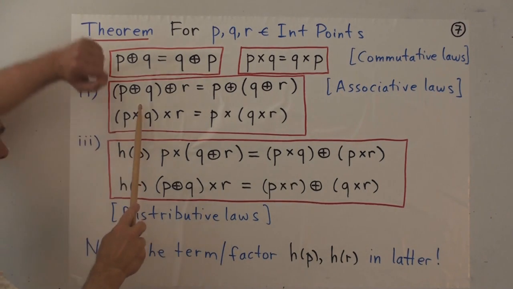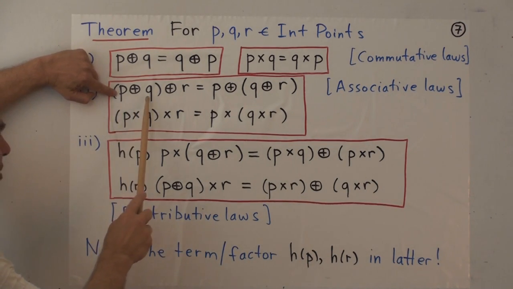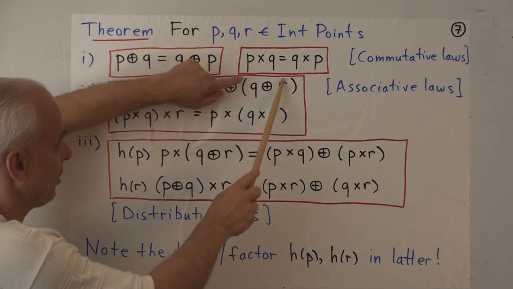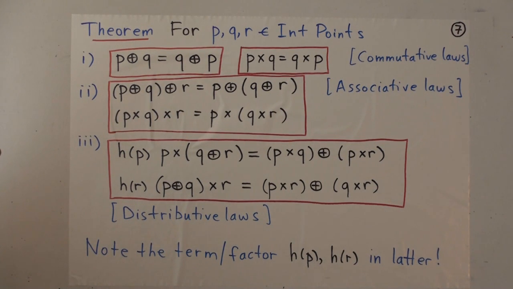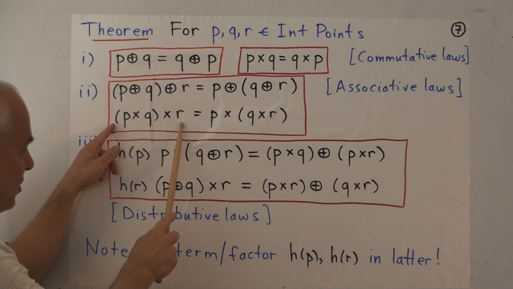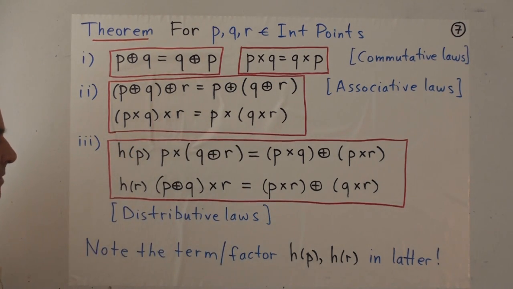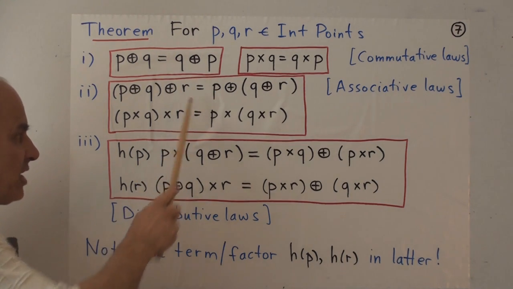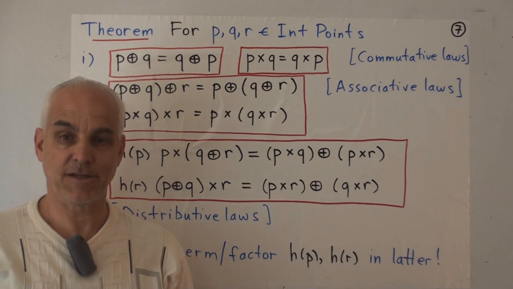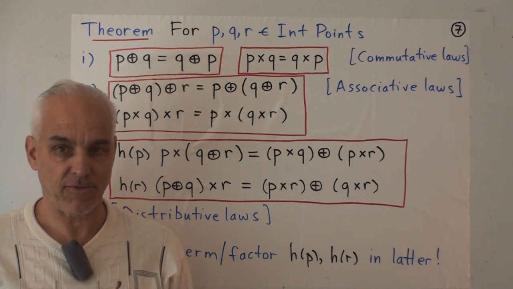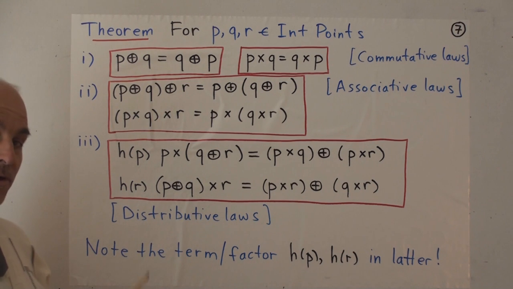They tell us that first, for addition, (P plus Q) plus R is the same as P plus (Q plus R). And for multiplication, (P times Q) times R equals P times (Q times R). So these are, of course, just exactly the same laws that hold for arithmetic with rational numbers.